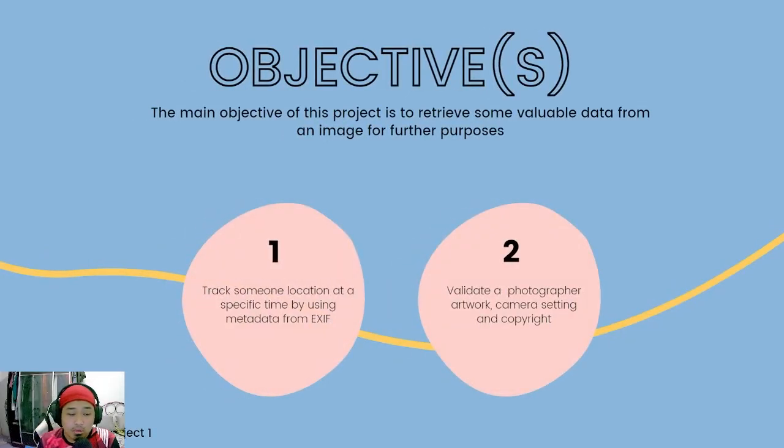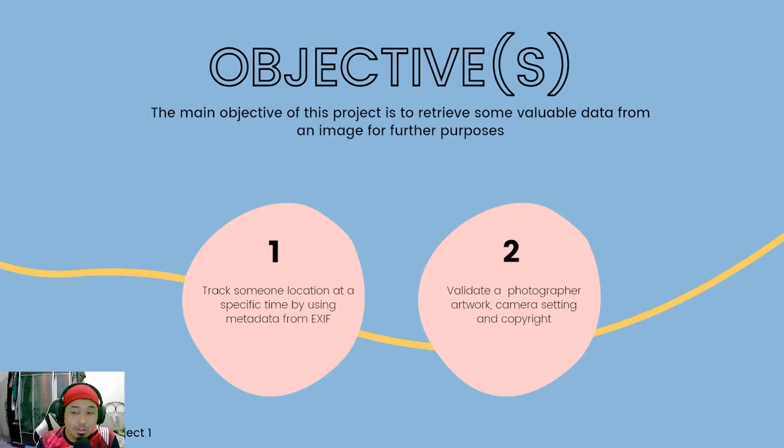The objective of the project is to use this data from Exif to track someone's location at a specific time, by using the metadata from Exif, because it is possible to get this information. As I said before, if you try to extract an image from social media such as Facebook, we will not get the Exif data, but it's still possible to get it by using some coding or programming work.